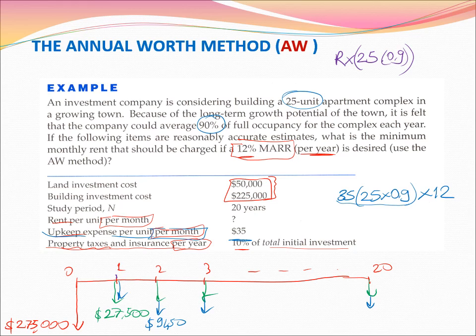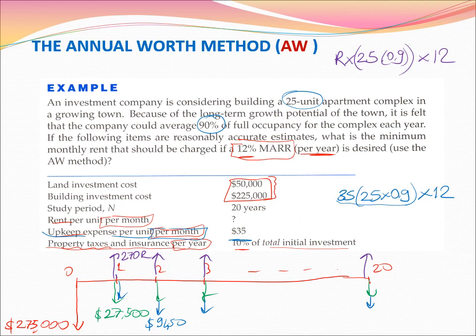So we will collect rent from these many units, and it will be this much for 1 month, and for 1 year it will be this much. Okay, so if we multiply this 25 times 0.9 and multiply it by 12, then it will be the revenue, the rent at each year will be 270 R. Okay, and these are plus.